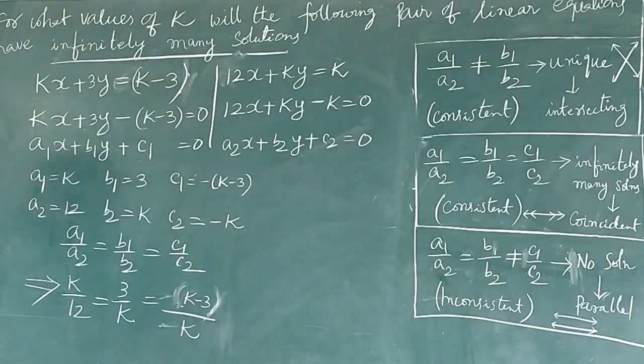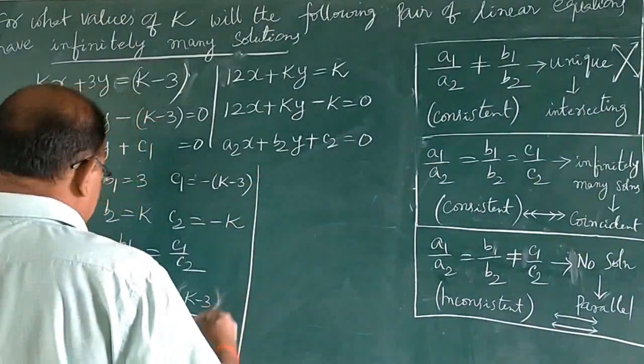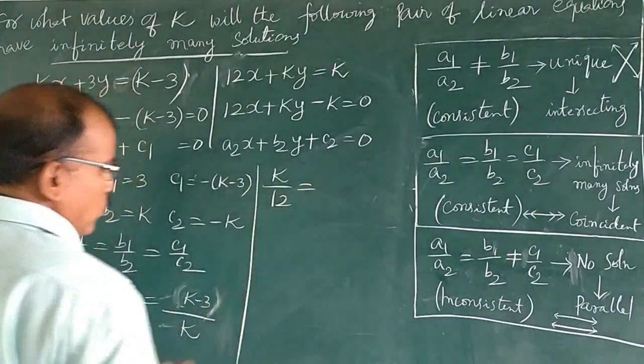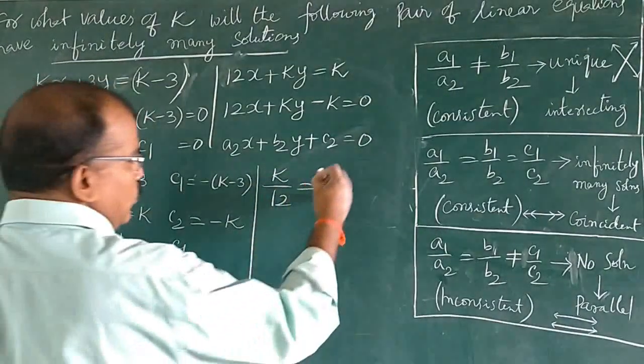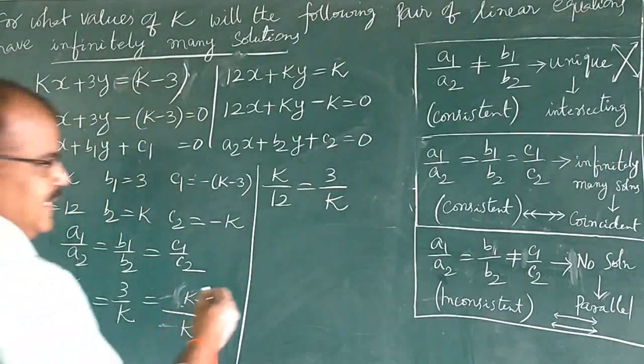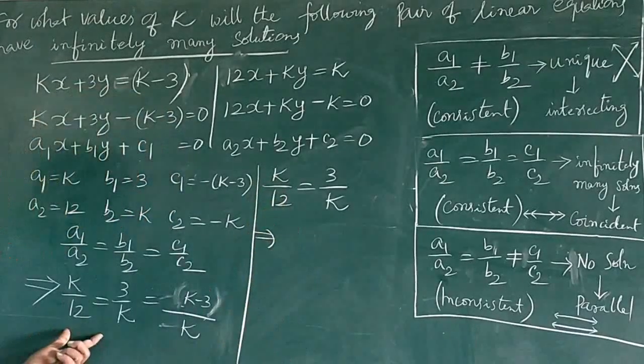Now equating the first and second ratios, k by 12 is equal to 3 by k.